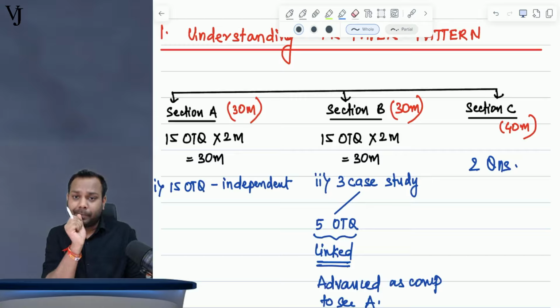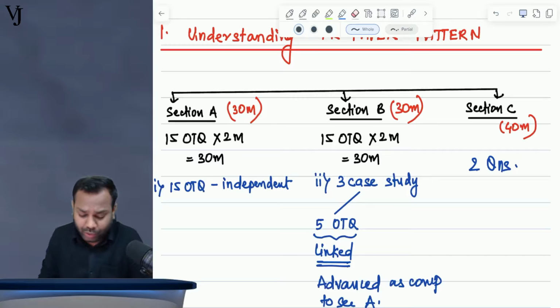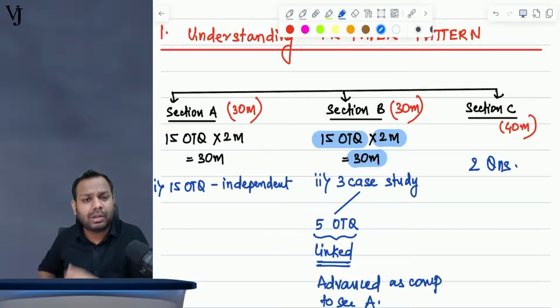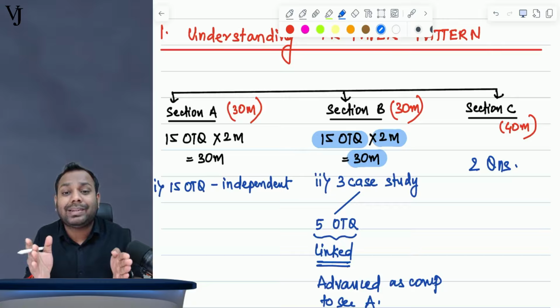In section B you will get the same pattern: 15 objective type questions of 2 marks each, totaling 30 marks. If both are objective type questions, what is the need to differentiate section A and section B?